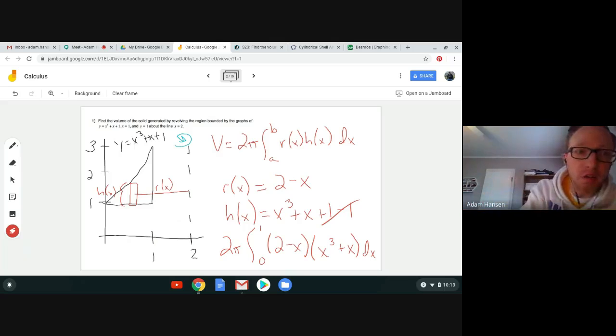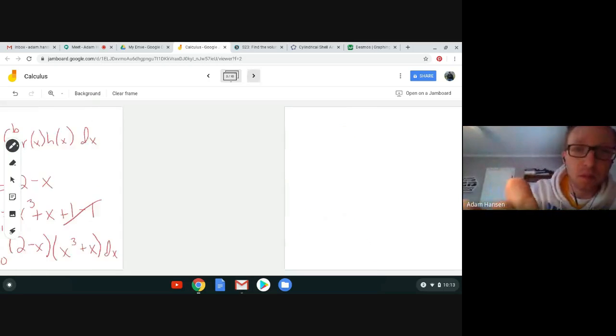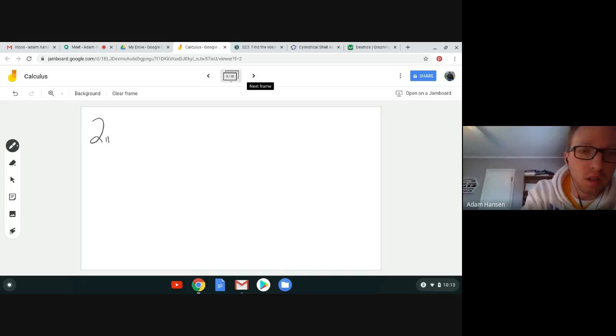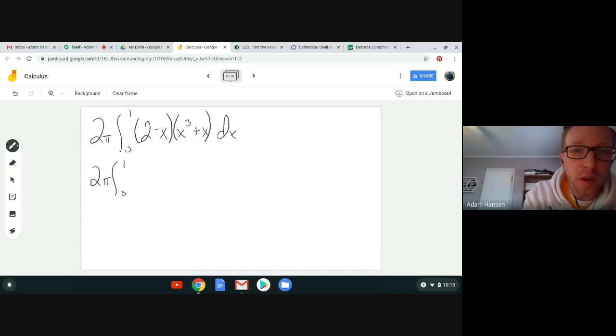So if I carry this over to the next page, we have 2 pi from 0 to 1 of 2 minus x times x cubed plus x dx. Let's start simplifying. Looks like 2x cubed plus 2x minus x to the fourth minus x squared dx.